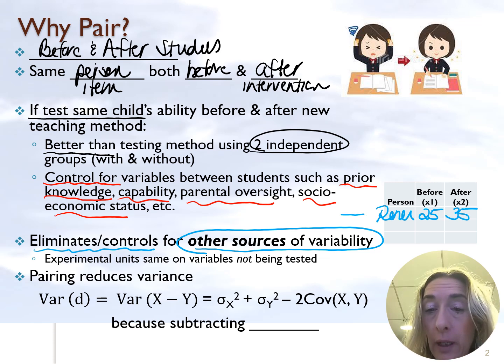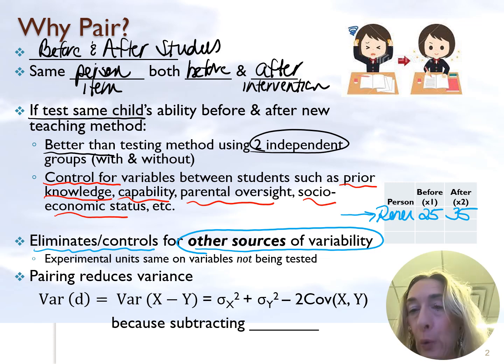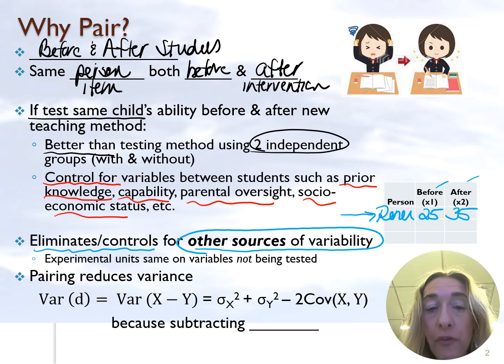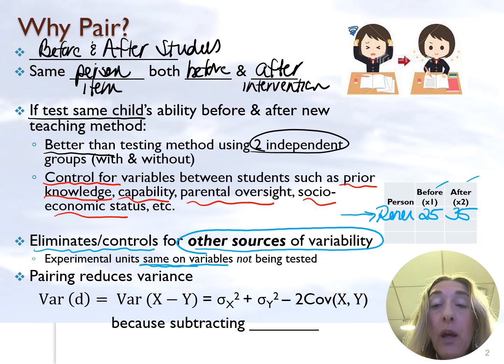Each row or each subject is an experimental unit, and they remain the same throughout the study, both before and after. So this experimental unit remains the same or has the same variables both before and after, including variables that are not being tested.